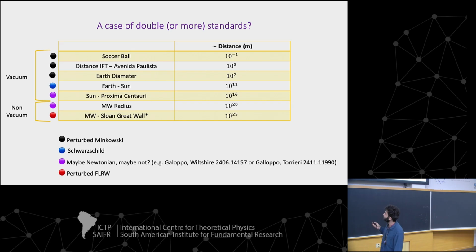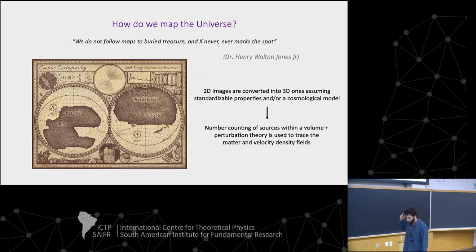Okay, also another thing, on most of these scales, we use perturbed Minkowski, so we say that the space-time is essentially empty. But of course, when we go to bigger scales, we cannot assume that the space-time is empty. There is a contribution to the structure of the space-time from the energy momentum content. Okay, homogeneity scale. And why is this important?